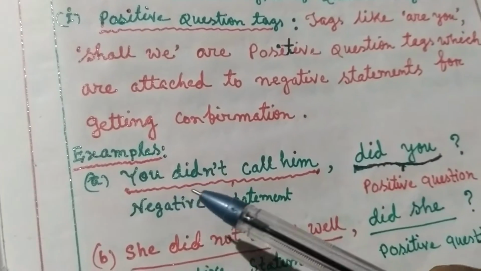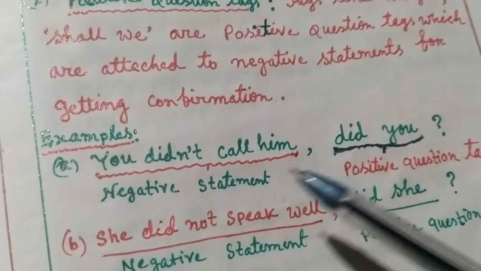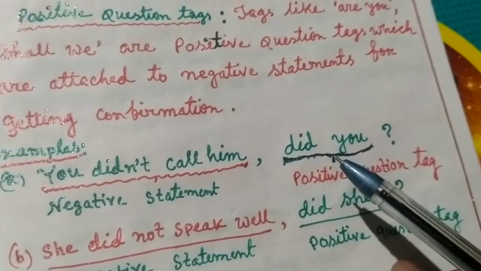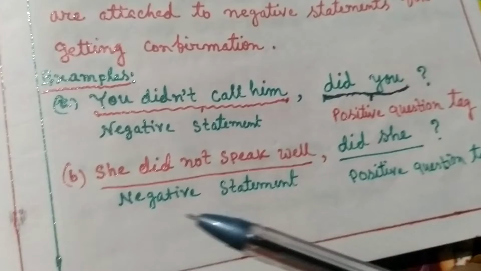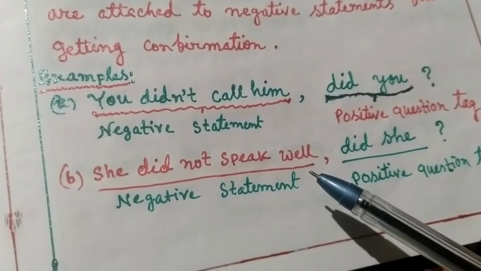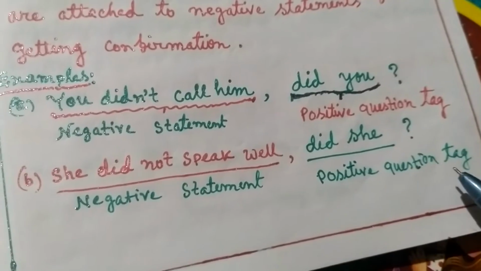Next, examples: A, you didn't call him, did you? So you didn't call him is a negative statement, and did you is a positive question tag. Next, B, she did not speak well is a negative statement, and did she is a positive question tag.